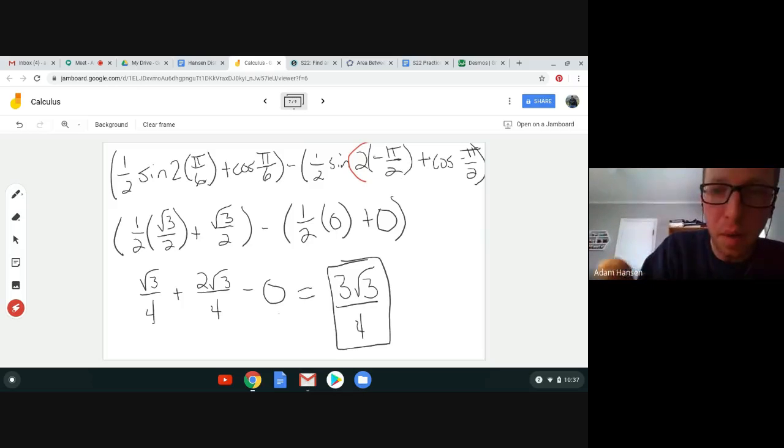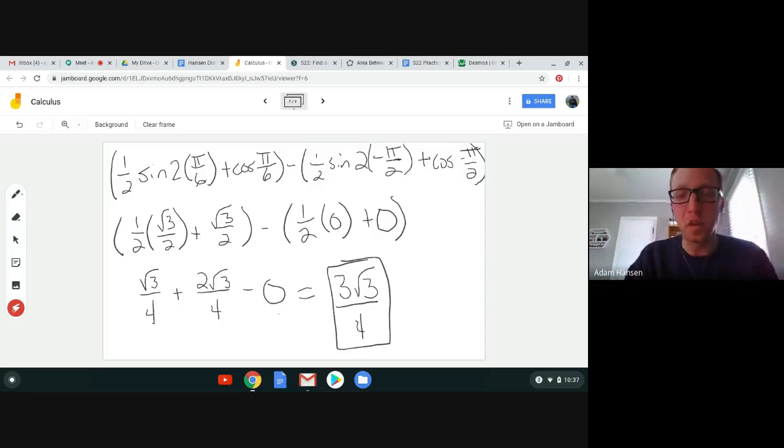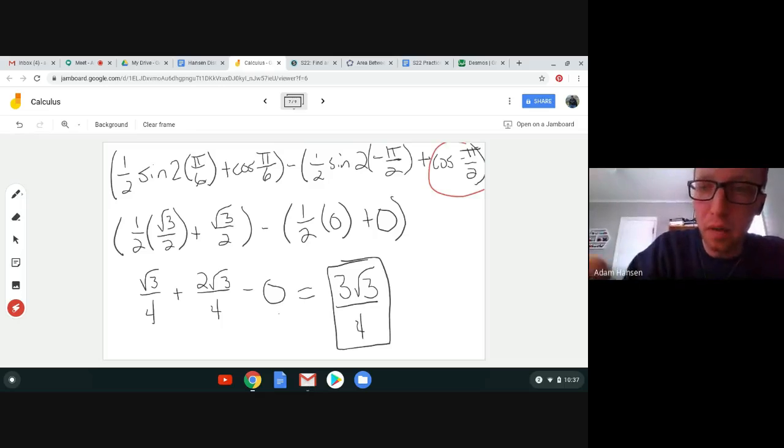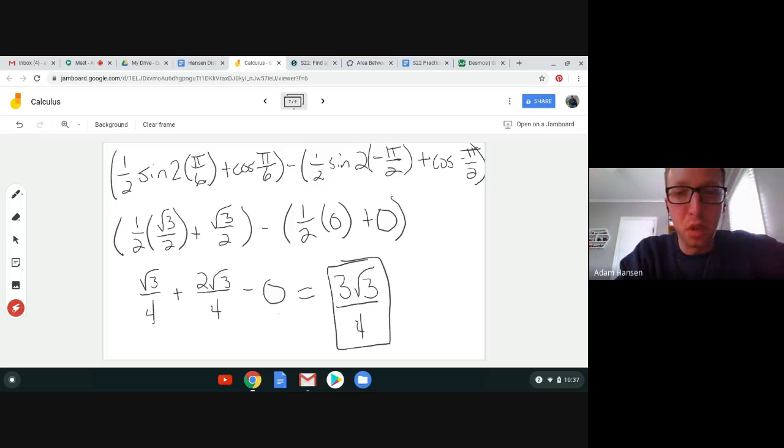2 times negative pi over 2 is going to be negative pi. The sine of negative pi is 0. Cosine of negative pi over 2 is also 0. So essentially, this entire quantity here cancels out to nothing.